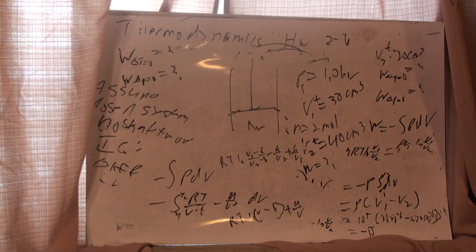And if I compare it to my original 0.75, I'm a little bit more negative there. So I'm doing a little bit more work than I was before. But then I have that minus A over V.